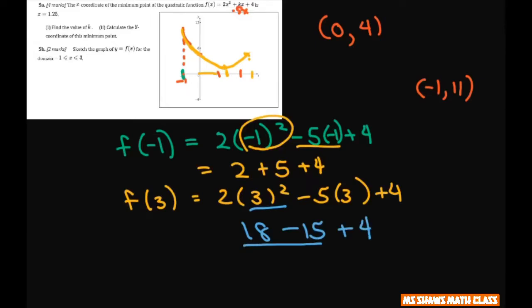So 3 plus 4 is 7. When x was 3, y was 7. So let's draw this a little better. When x is 3, we're going to go a little higher than that 6. So there's your little sketch right there.